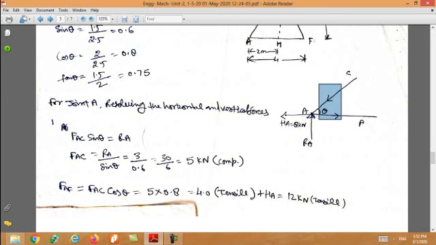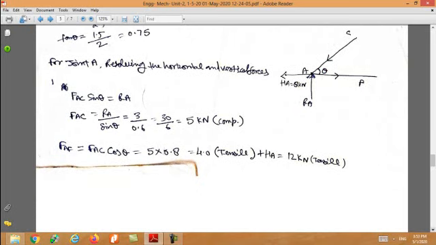So in the vertical direction, it is FAC sine theta is equal to RA. Sine theta is calculated, so you can calculate FAC is 5 kilonewton, because it is coming positive. It means your direction is correct. If it comes negative, then the direction will be changed. So in this direction, it means it is compressive.